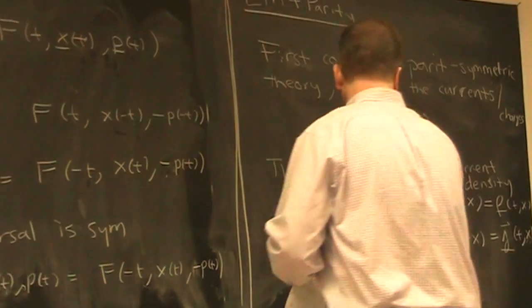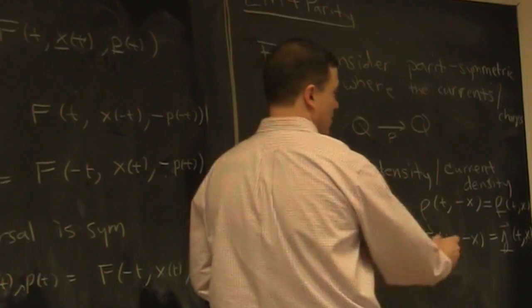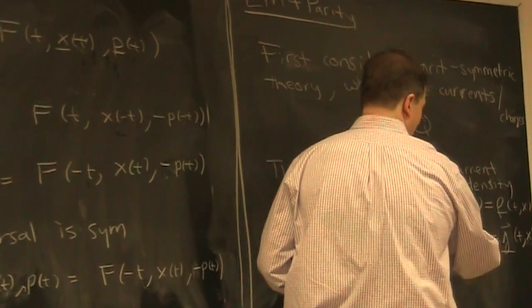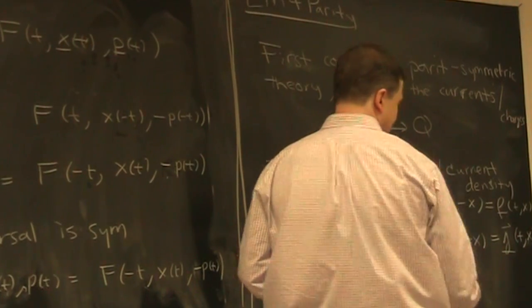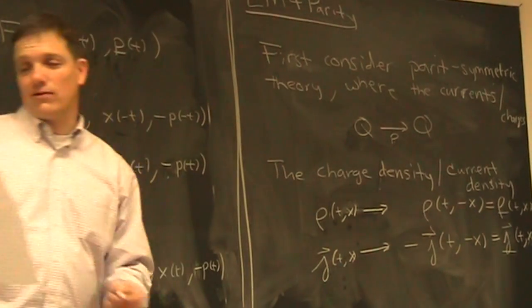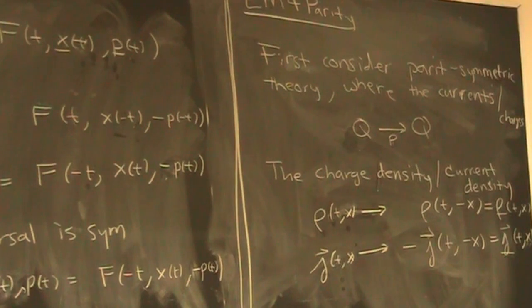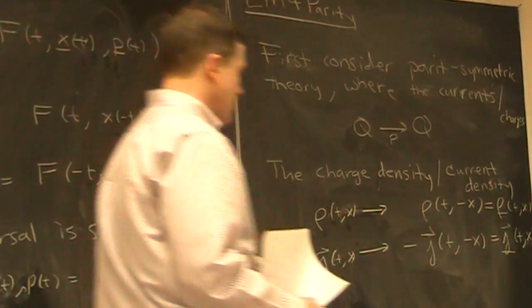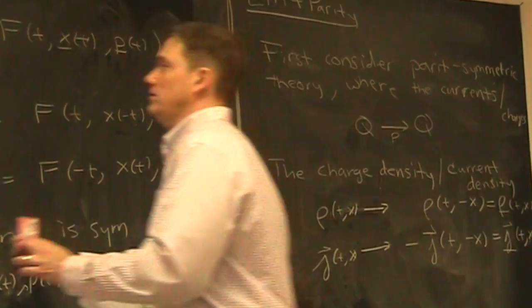It's a non-trivial thing. You have some old charges and old currents, and you replace them with some new currents, rho bar of t and x, and J bar of t and x, which are related to the old ones in this fashion. That's what we mean by inversion. And now we look for new solutions to the electricity and magnetism equations of motion.